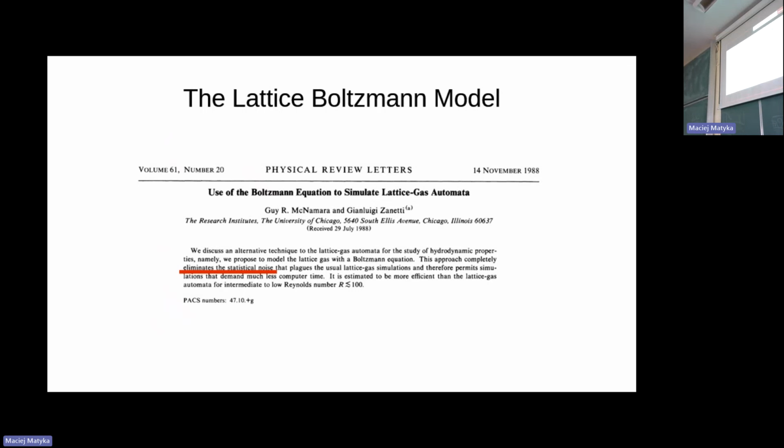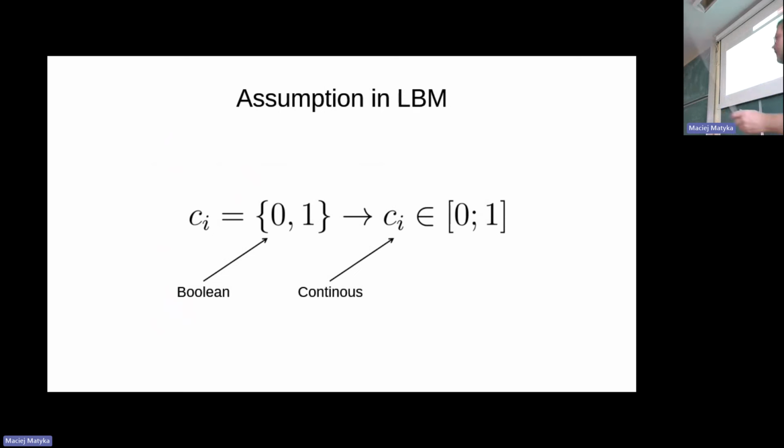So now we connect the particle approach from FHP with statistical physics, and the main change is that instead of particles traveling on the grid, we will be using a continuous distribution of numbers from 0 to 1.